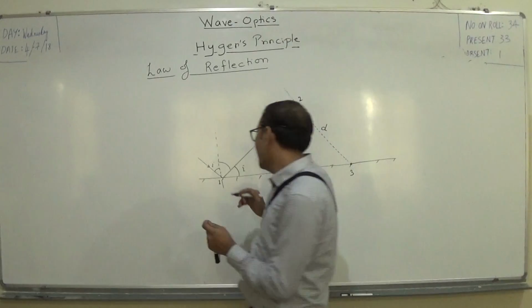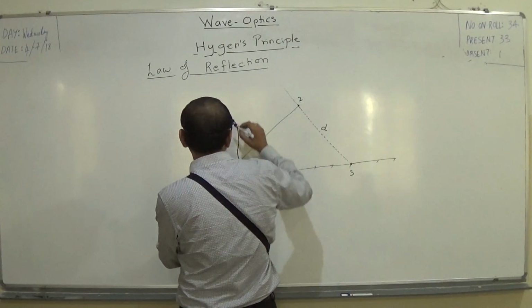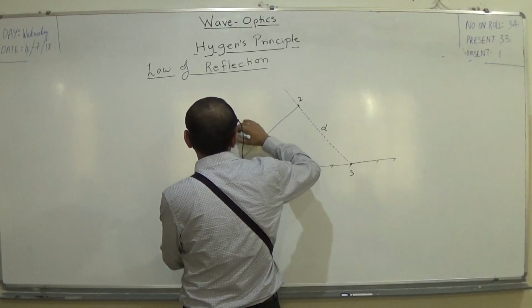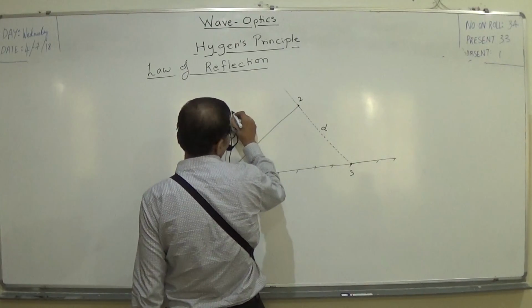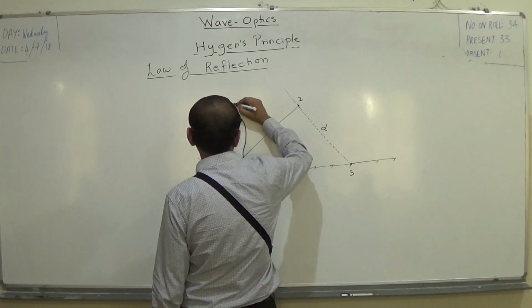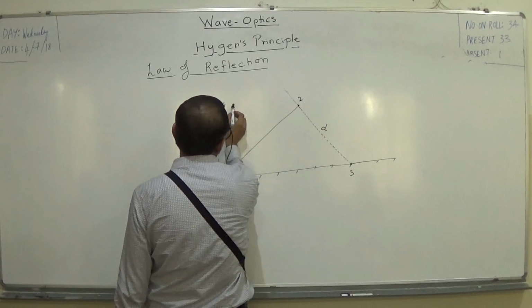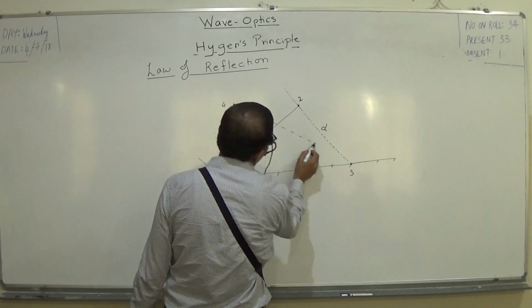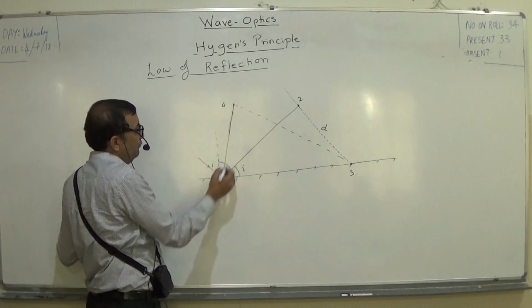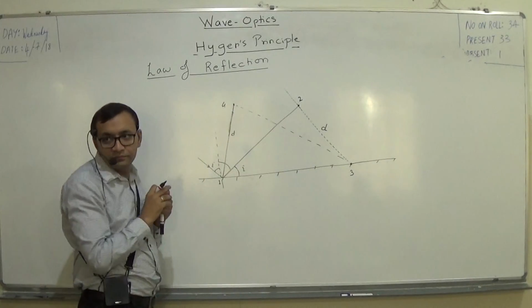If I draw any random line of d distance, like this, and say this is point number 4, the distance is also d.